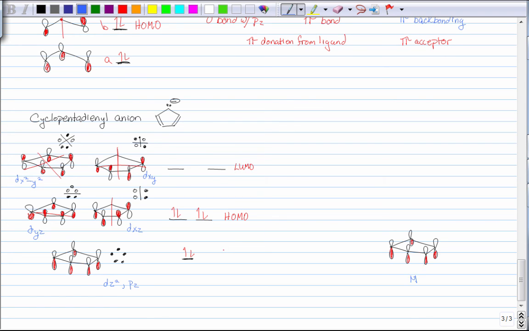The lowest energy orbital can interact with the dz squared or a pz orbital on the metal ion, and it can donate to that metal d orbital or the p orbital in a sigma bond.